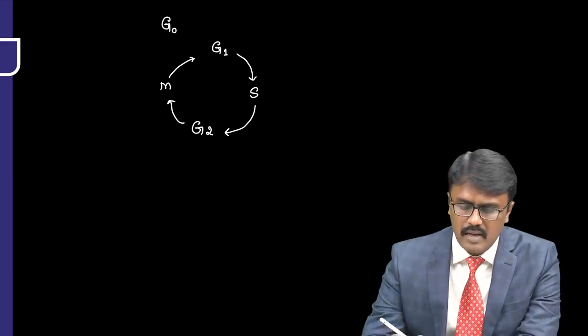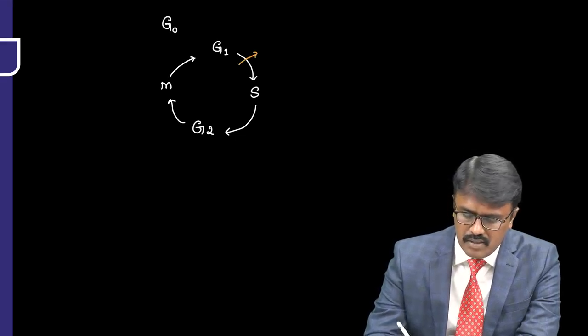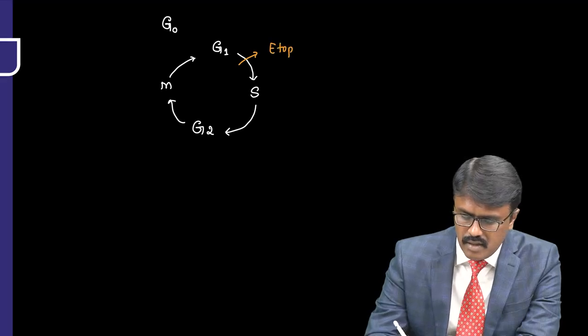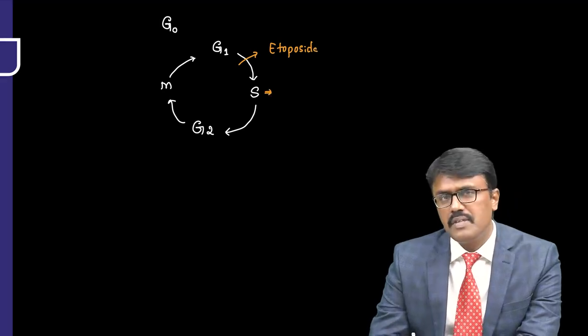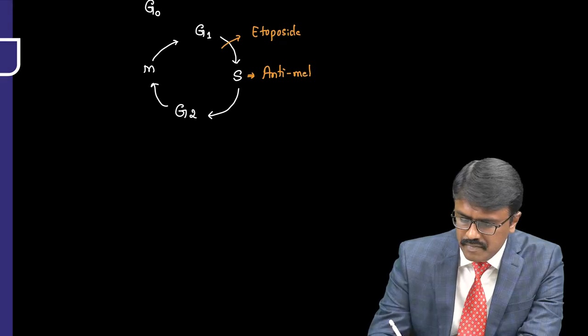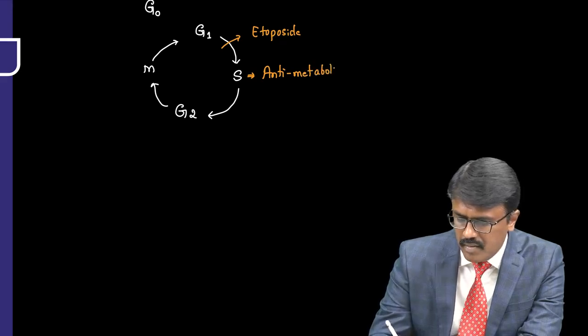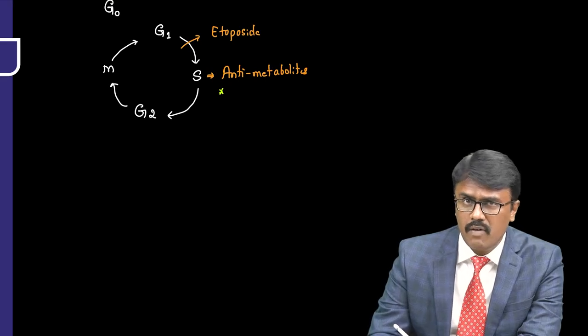Now certain drugs act on the cell cycle. For example, the G1S phase, the drug which acts is etoposide. The drugs which interfere with synthesis of DNA are called anti-metabolites. In anti-metabolites, we have the drugs which are given as fake ones.